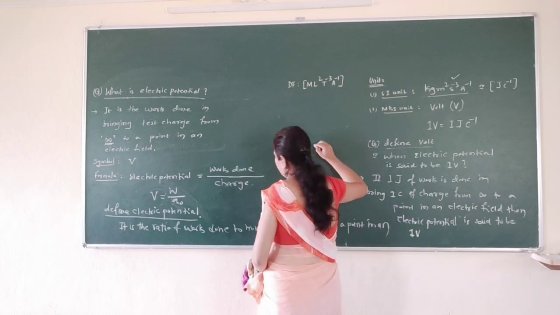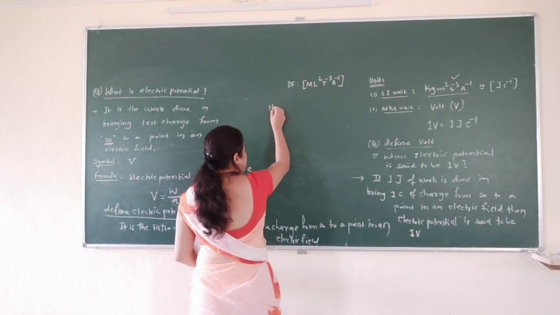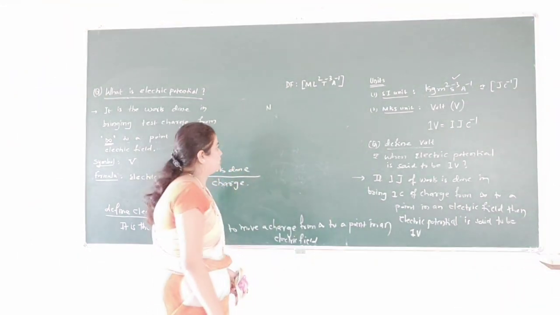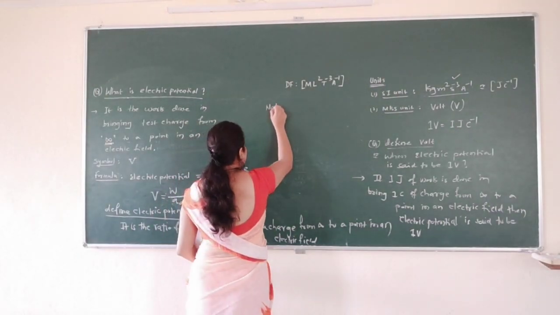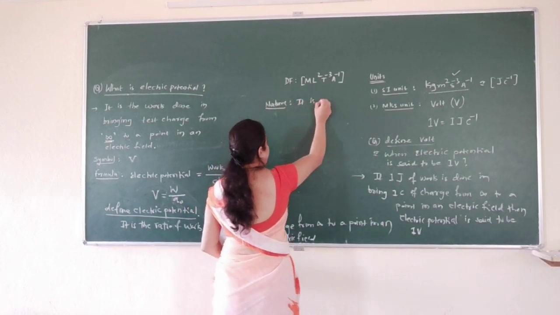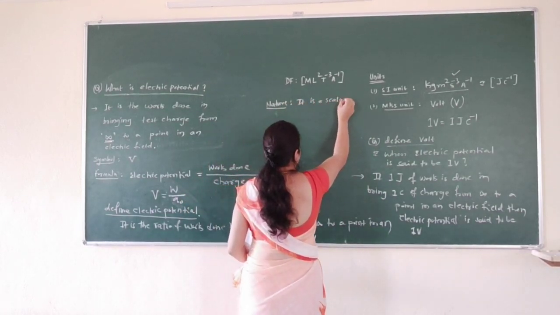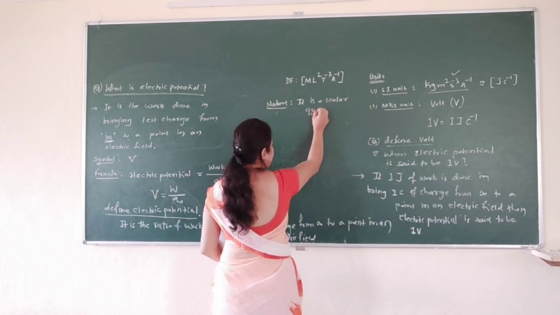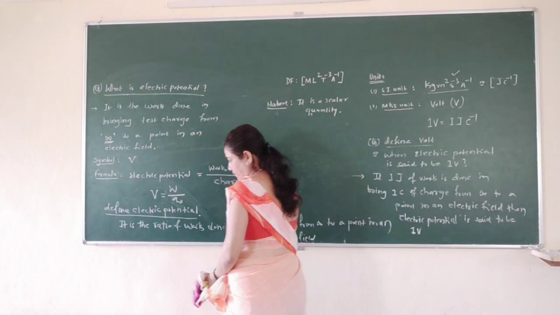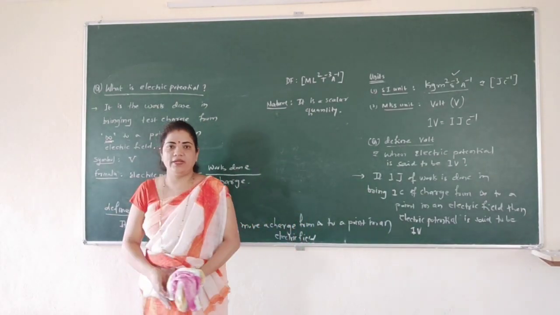This is the dimension. Nature: it is a scalar quantity, since work is scalar and has no particular direction. So no direction. This is about electric potential.